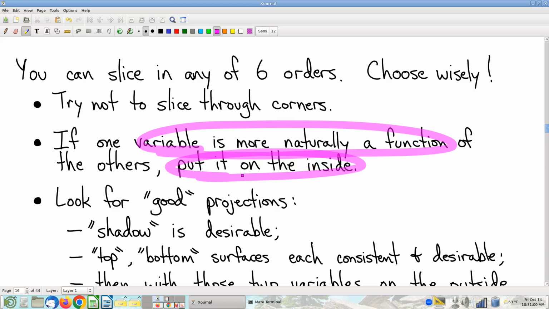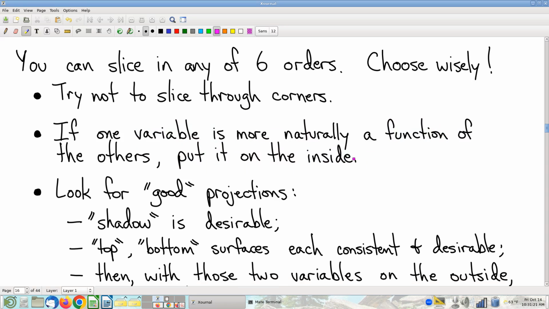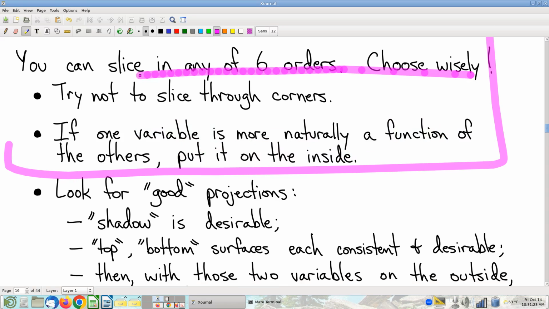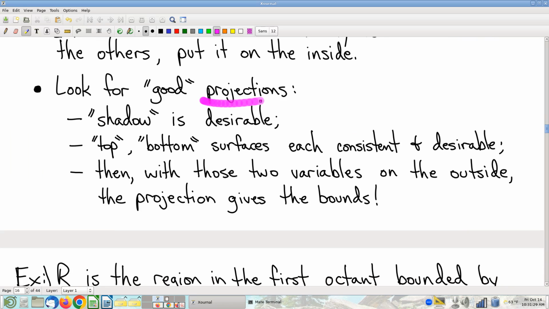Whichever variable you slice on the inside is the one you're going to need to solve for. So how about solving for the thing you've already got solved for? Right? So this is typically good guidance. I don't want to say it's always true, but this helps you avoid inverting functions, which tends to be bad in integrals. So these are the same sort of guidelines that we had for double integrals. There's a new one I want to introduce, and this is the idea of projections.